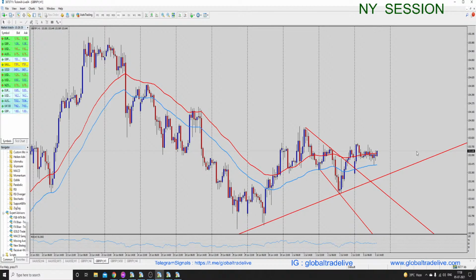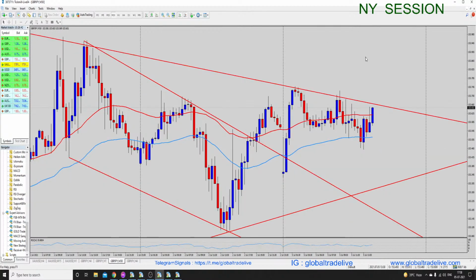The way it's looking right now, it's really looking like it will be going up, but really not sure. So now after 2 minutes, this 3-minute candle will be closing.